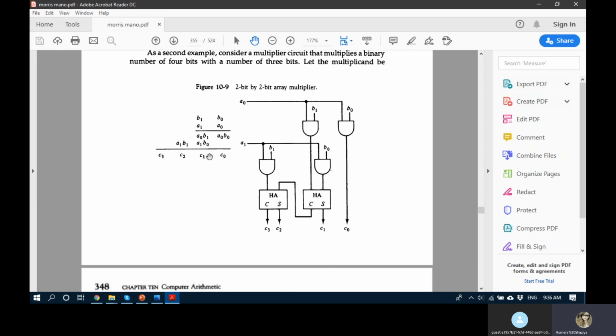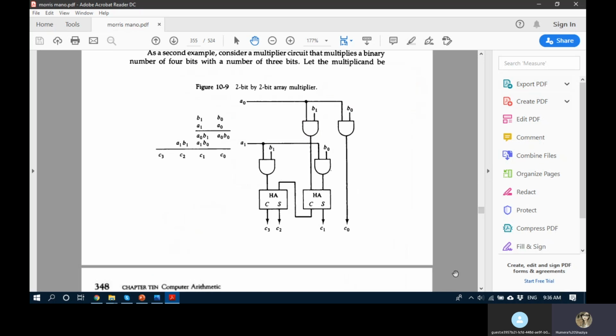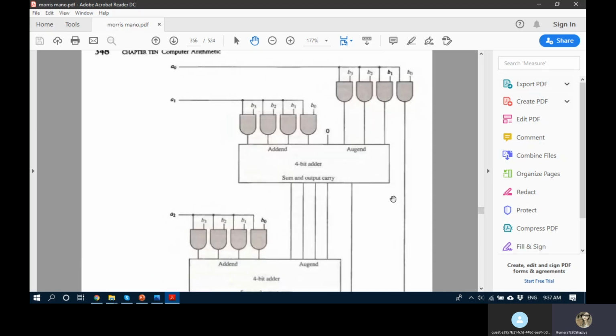Instead of doing two separate sequential operations, that can be done in a single simultaneous operation, because both are done concurrently. Do you understand? So this is the circuit for that. This is for 4 bit, this is for 2 bit, and that one is for the 4 bit adder.